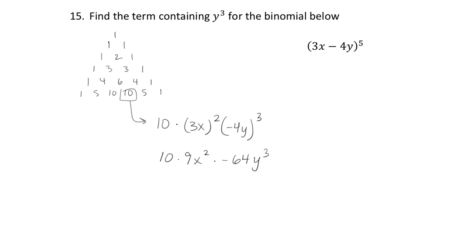So now we just need to multiply 10 times 9 times negative 64, and that is negative 5,760 with an x squared and a y to the third.